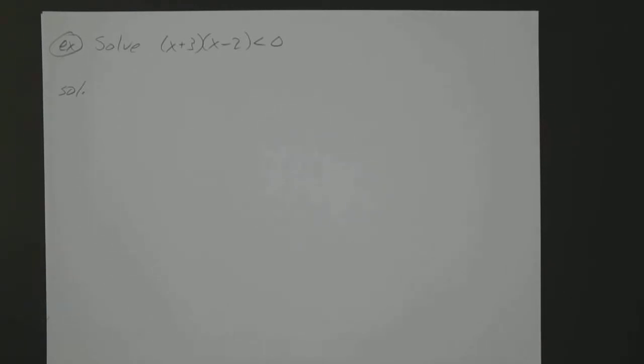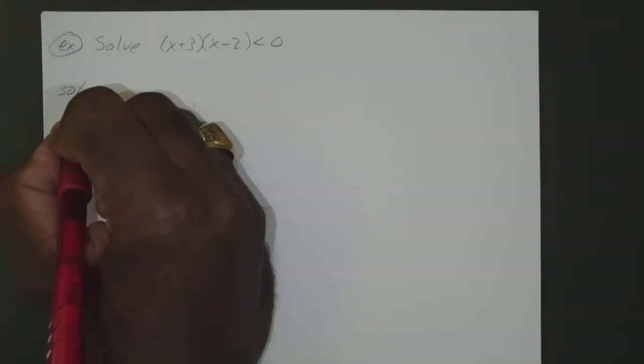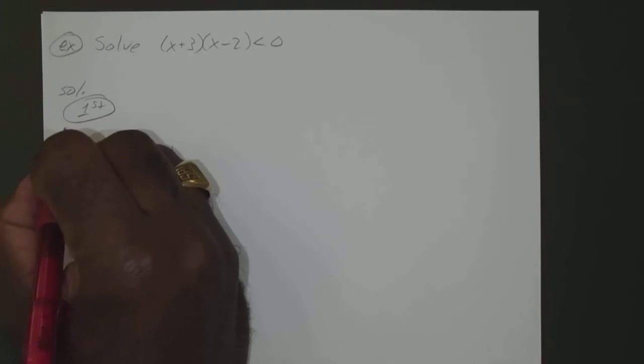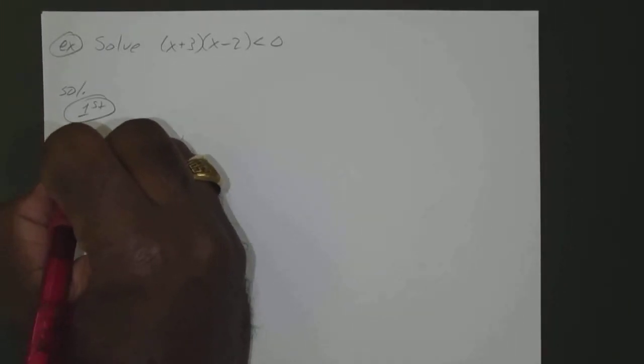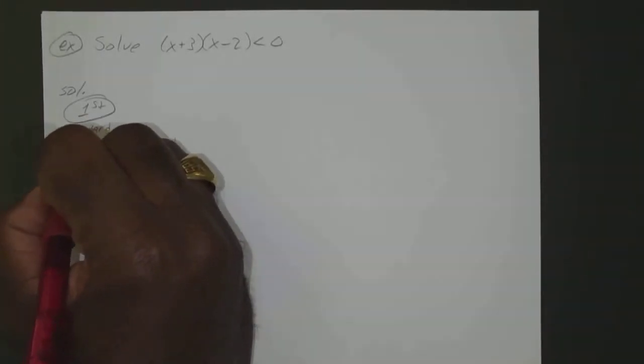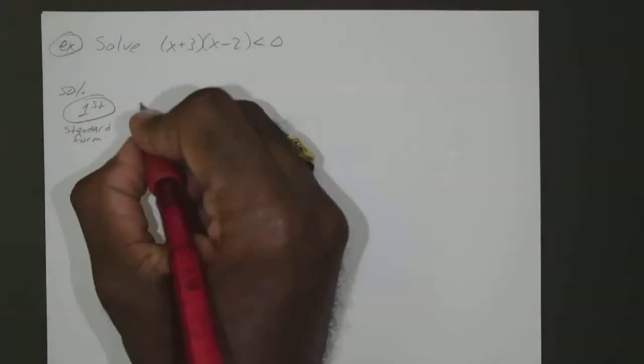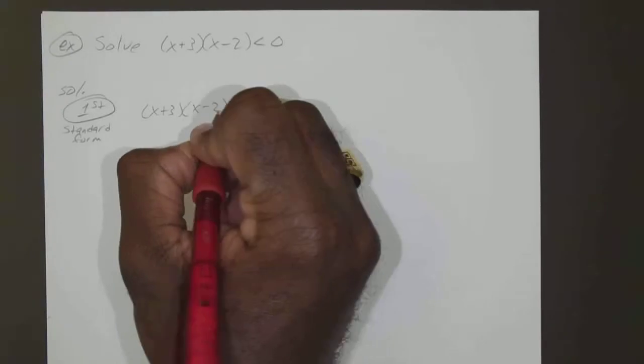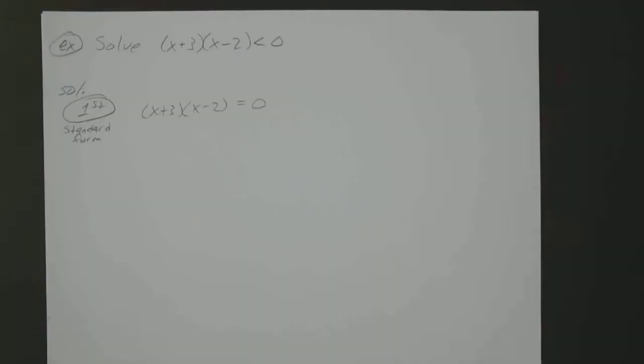For most of them, you're going to have to factor it first. But since this one's already factored, you don't have to really worry about it. Okay, so remember your first step, you're going to solve it in standard form, which means x plus 3 times x minus 2 is equal to 0.